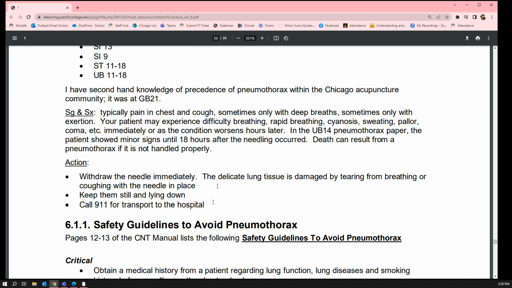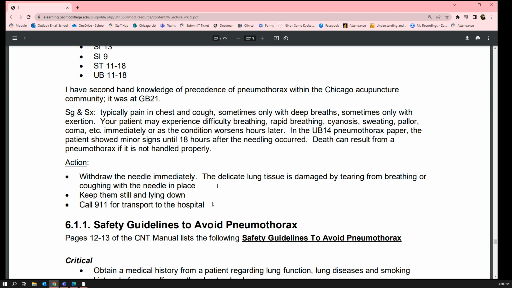So if you suspect pneumothorax, withdraw the needle immediately. This is counterintuitive to everything that you have ever learned about organs being punctured, right? We've all seen a movie or a TV show where someone gets some large object penetrating into their thorax and they go to take it out and someone says, no, don't take it out. This is not one of those situations because they are not dealing with acupuncture needles.